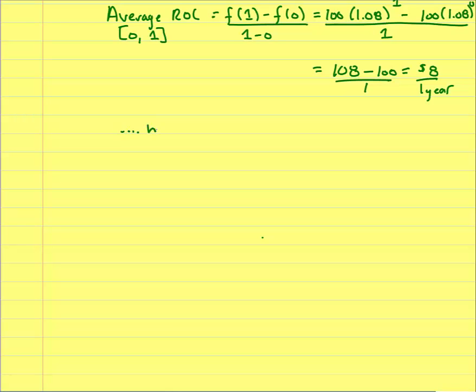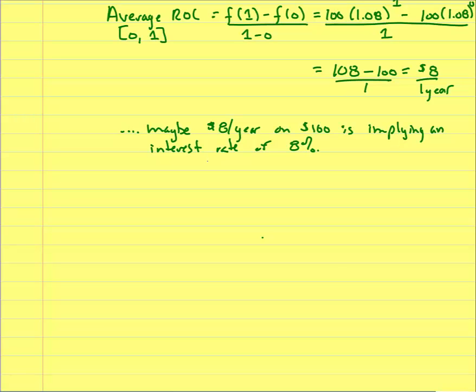So maybe $8 per year on $100 is implying an interest rate of 8%. And that actually comes into play with my formula. So remember, our formula was f of t equals 100, my initial investment, times 1.08 to the t. Looks like to me this is my interest rate, that 0.08 part.